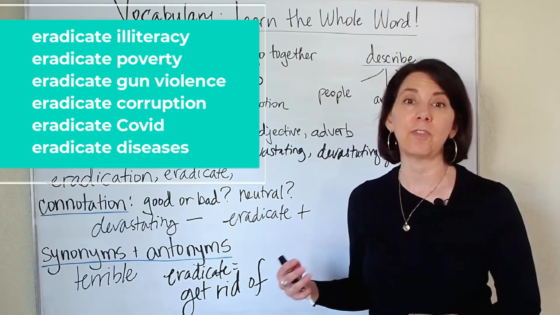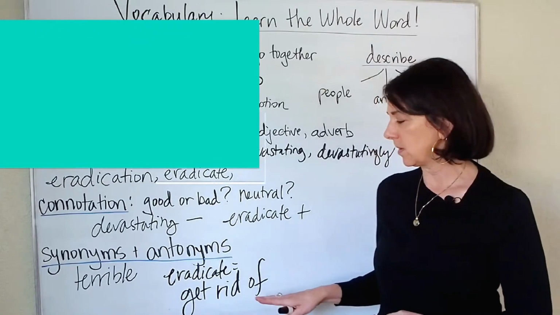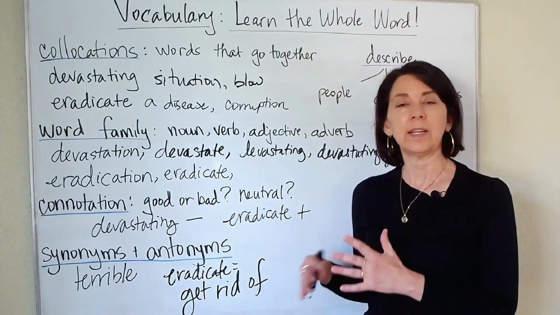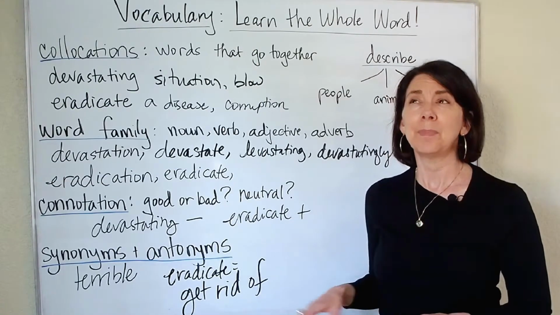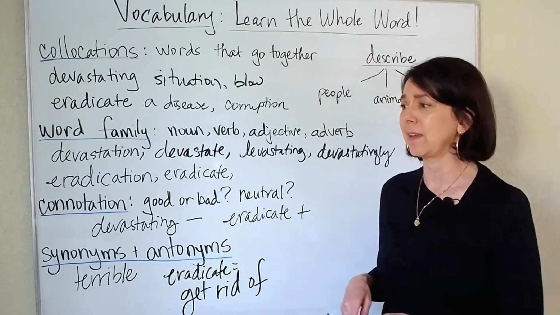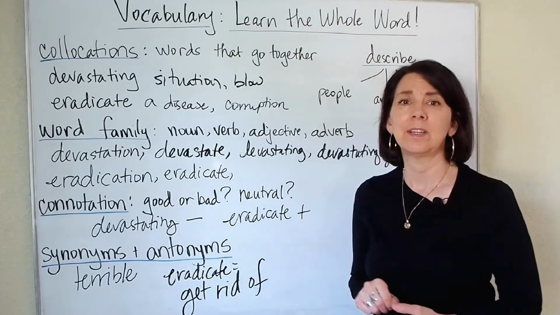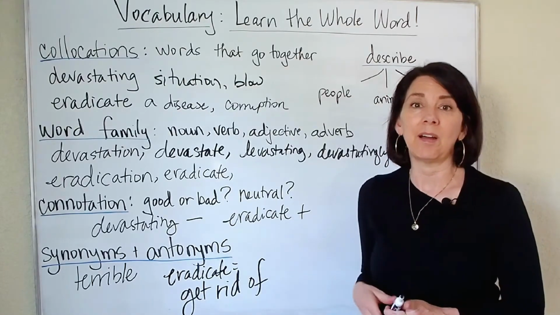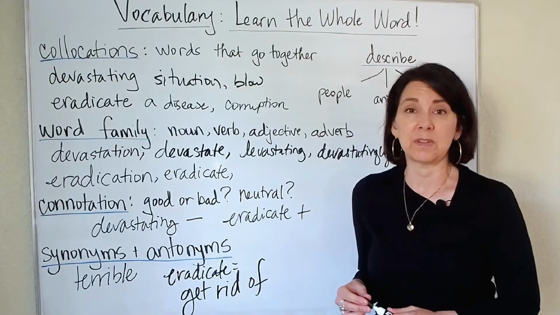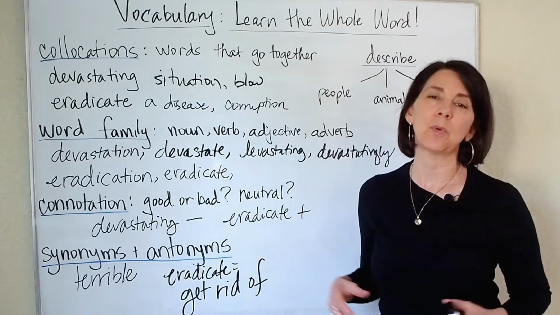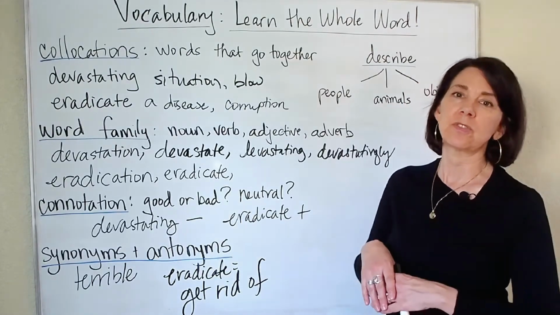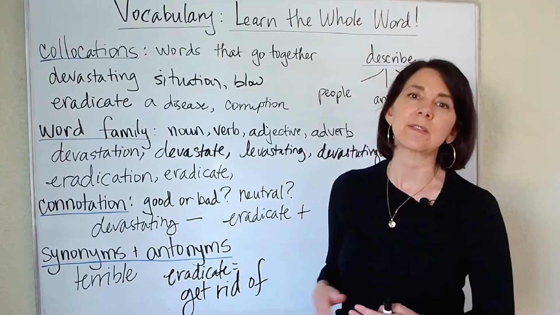Eradicate gun violence. Get rid of, you could use that in all of those sentences. But you can also use get rid of like, I have something dirty in my room and I'm going to get rid of it. Or to get rid of a person that you don't want to spend time with. Get rid of is a little more general that we can use to describe lots of things.